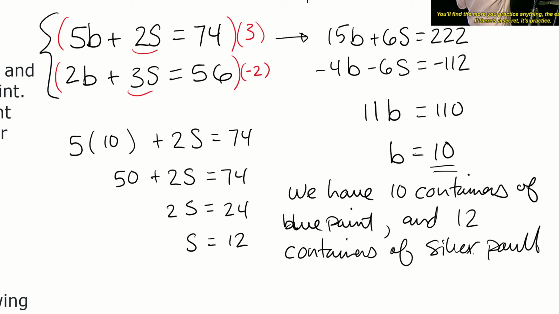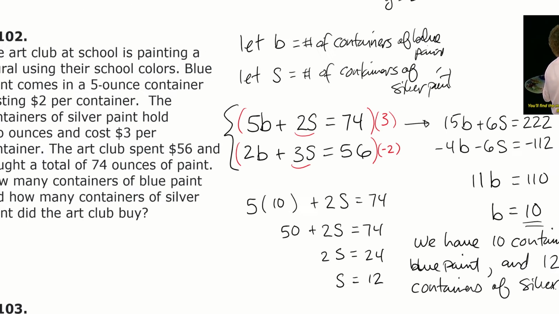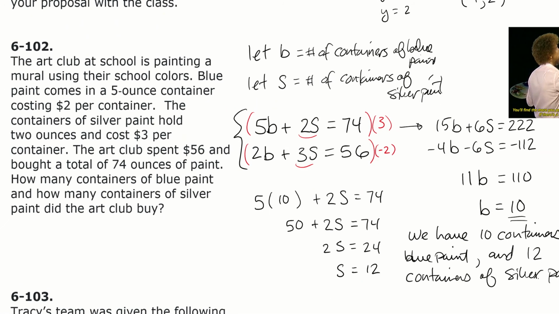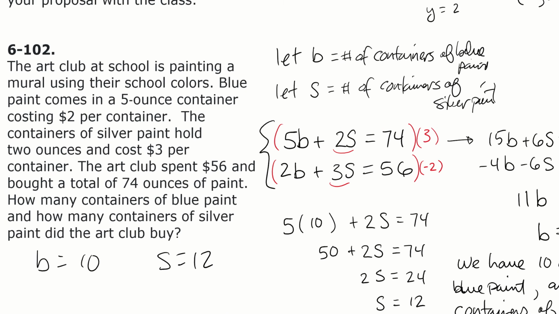And before we move on, I do want to check that against the original problem. I said the blue is 10 and the silver is 12. So if I think about that with the original problem, I'm just going to grab my calculator here. 5 times 10 plus 2 times 12 should be 74, and it is.